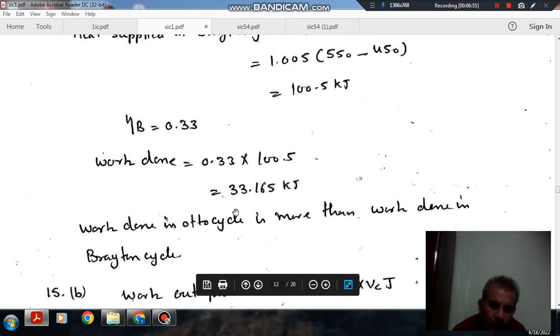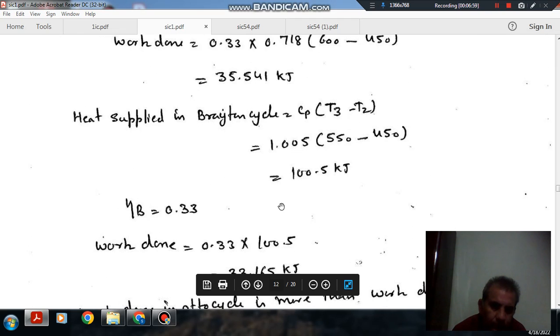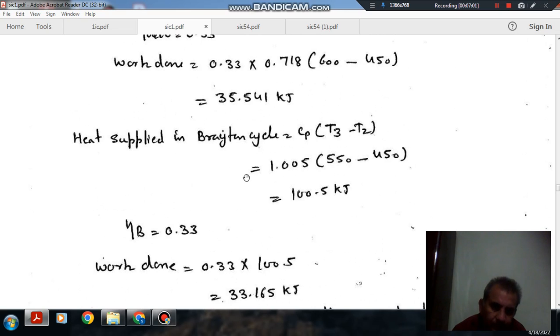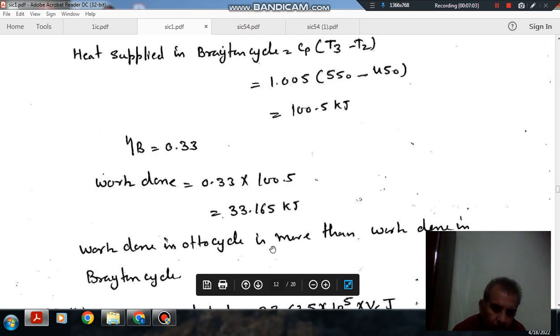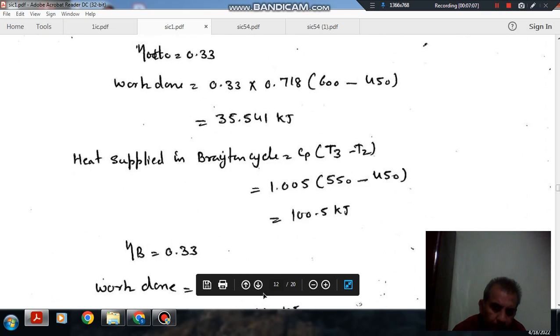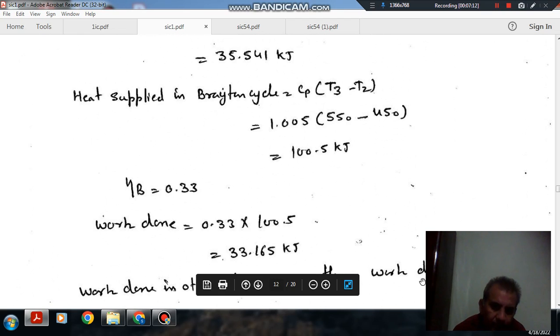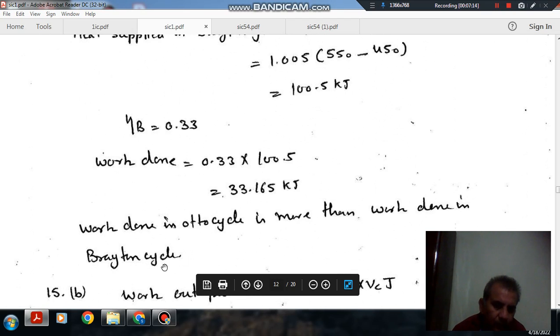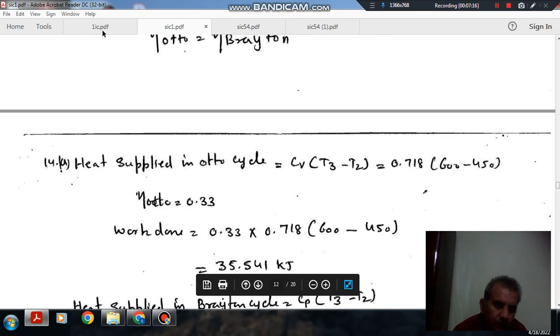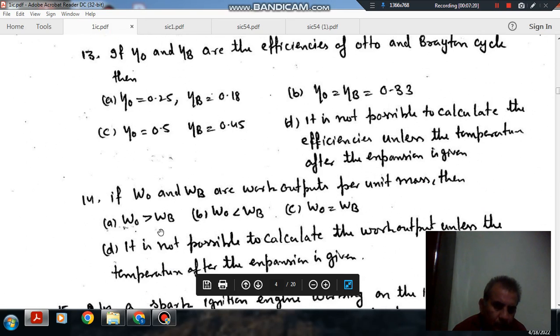So the work done in the Otto cycle, 35, is more than the work done in the Brayton cycle. So the answer to question 14 is option A, and here the answer to question 13 is option B.